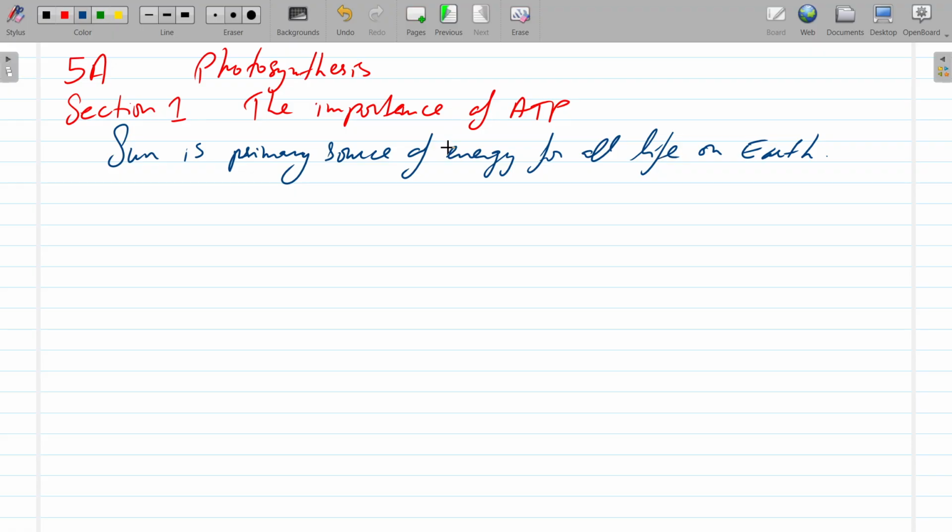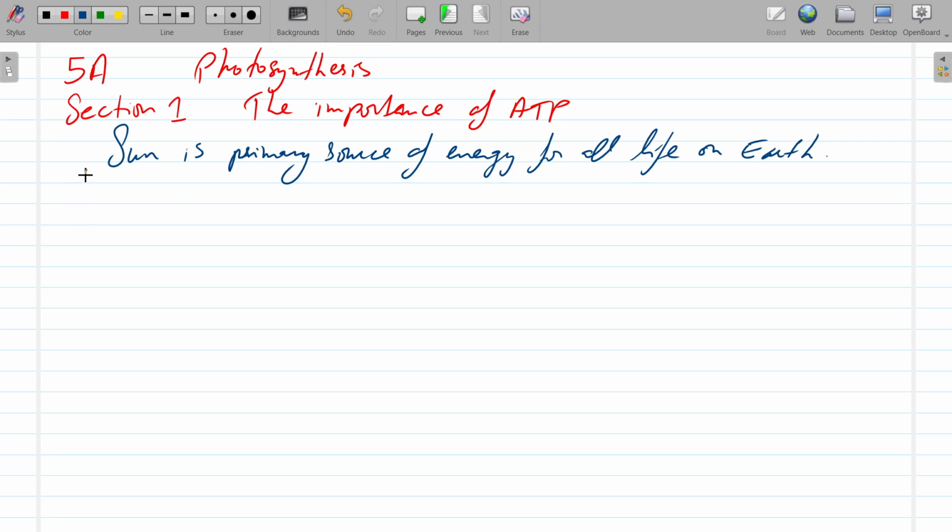So we talk about how plants use energy to make up their molecules, and it's stored as chemical energy, and then we eat the plants or we eat the animals that eat the plants, etc. And so the question is, where is that energy coming from? It's coming from the sun.